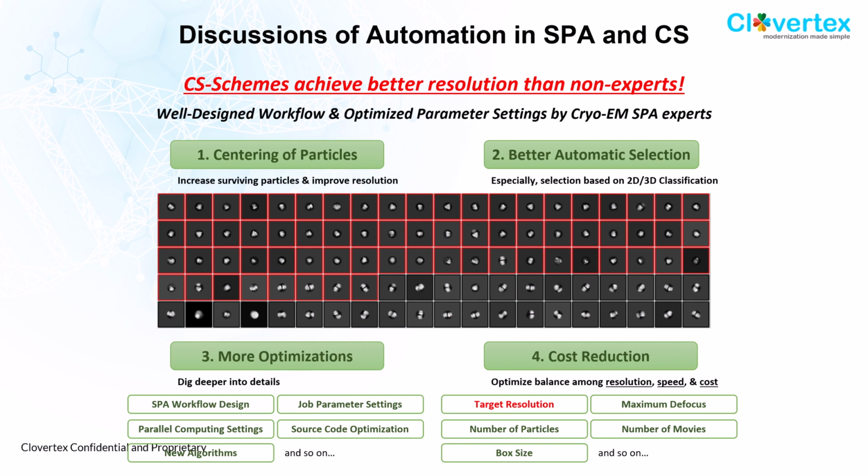Importantly, the result shows the CS scheme achieves better resolution than non-expert, which is actually the me of 5 years ago, because this data set I did the single particle analysis manually. And it was 5 years ago, and we could publish it. Could you go back?